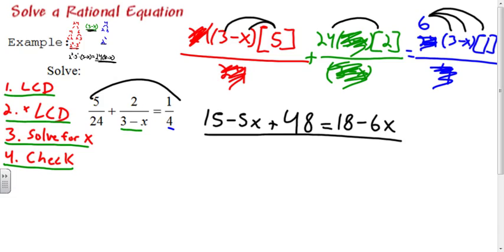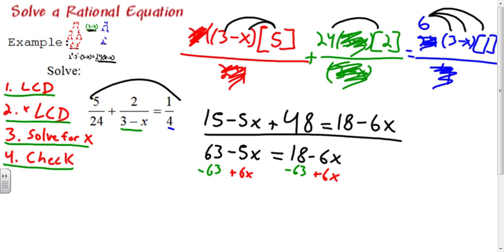From here, we can pool everything together and combine our like terms. So we would say then 63 minus 5x equals 18 minus 6x. I'm going to add 6x to both sides, and subtract 63 from both sides, which means in the end we're left with 1x, or just x, equals negative 45.